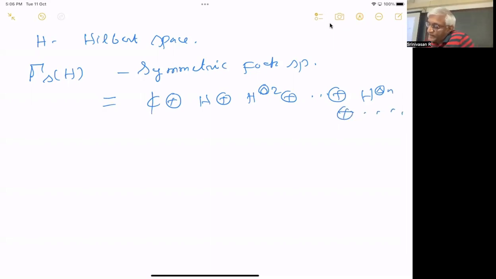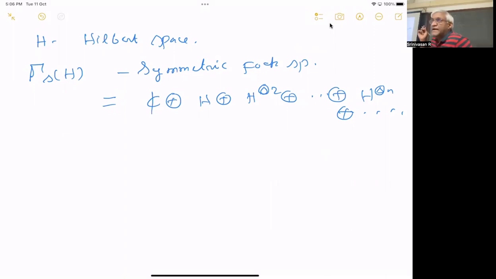Then we want to define something. There are two kinds of useful vectors in this. One is what are called finite particle vectors. So these form what is called the finite particle vector space, H symmetric n. That's a finite particle vector. It's like if you have n identical particles, which you can't distinguish between them. Of course, they are subatomic particles, like electrons or photons.